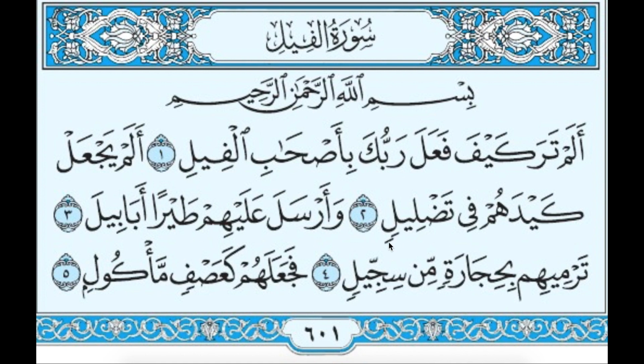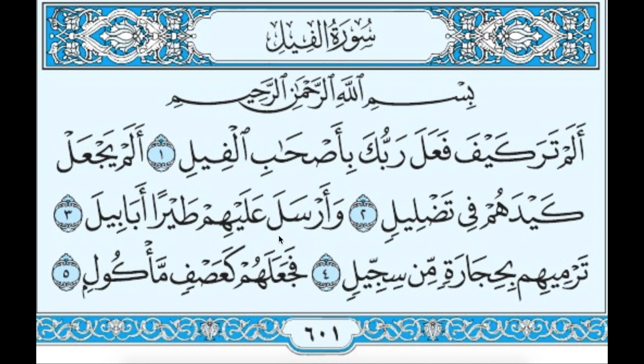Whenever they're not parallel, you will have something called idgham, entrance directly into the next letter. The noon will disappear into the waw. So when you recite it, it will be alam yaj'al kaydahum fi tadlilin wa arsala. So when it's not parallel like this, you're going to have idgham, in which it's going to go fi tadlil wa arsala.